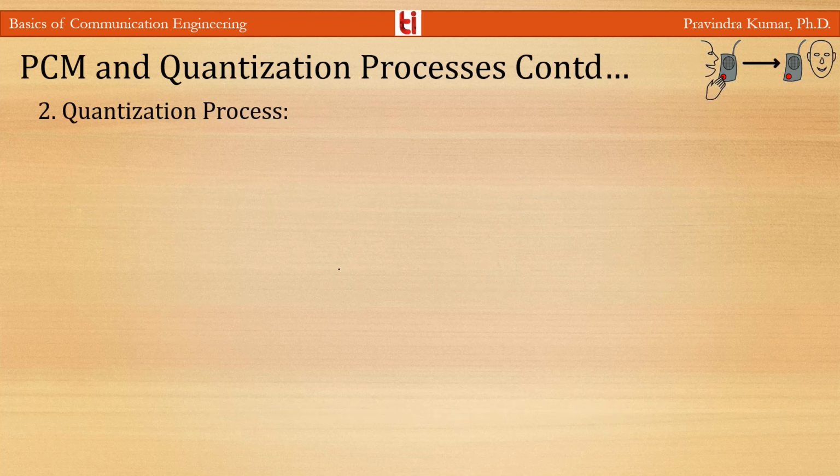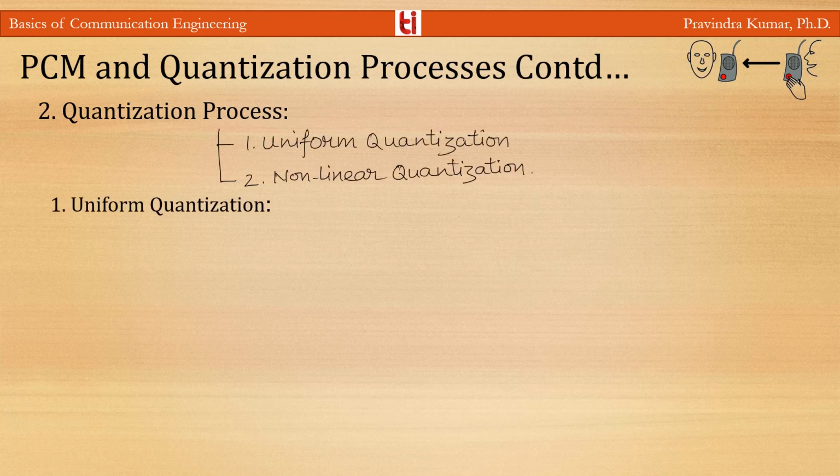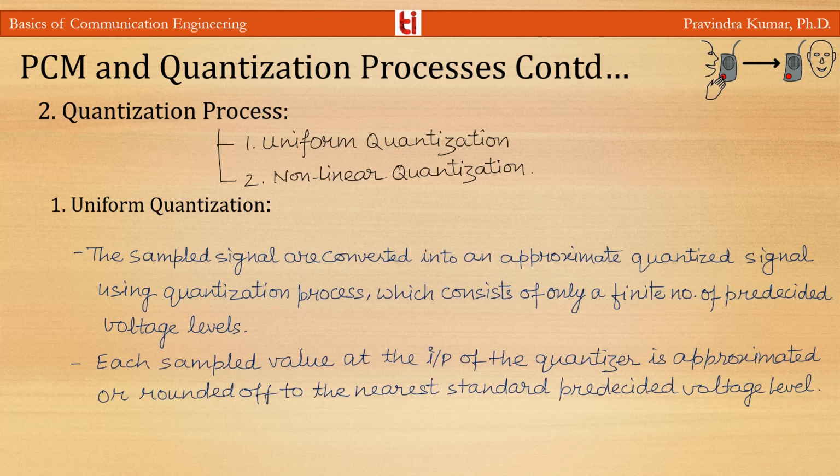Now we will discuss the quantization process. Quantization process is of two types: uniform quantization and non-linear quantization. First of all, we will discuss uniform quantization or linear quantization. Quantization is the process of approximation or round off.